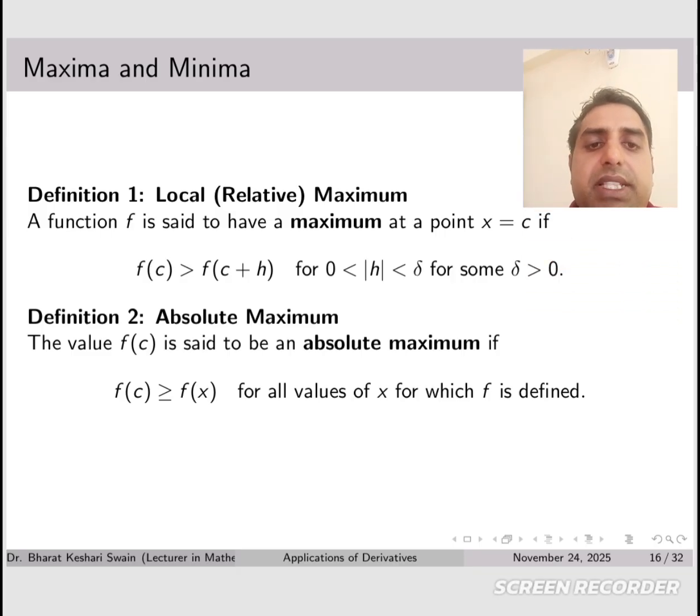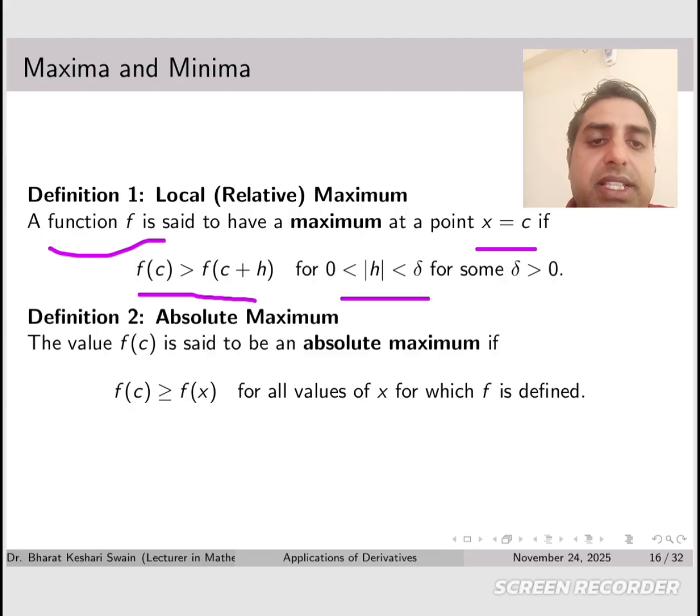Local relative maximum. A function f is said to have a maximum at a point x equal to c if f(c) greater than f(c plus h) for 0 less than mod h less than delta for some delta greater than 0.